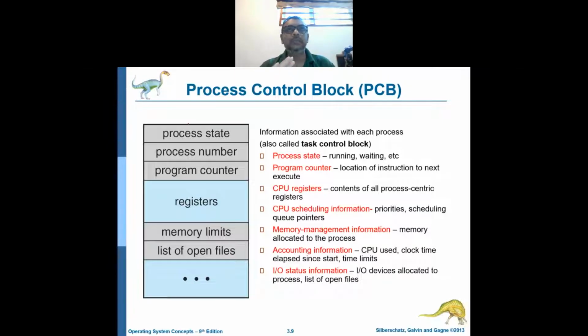So remember, these are very, very important. Each process has its own PCB. As we said, one program can have multiple processes. If we have Microsoft Word as one program, document 1 has one PCB, document 2 another PCB, and document 3 another PCB.